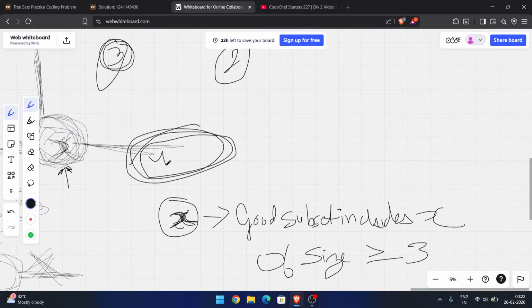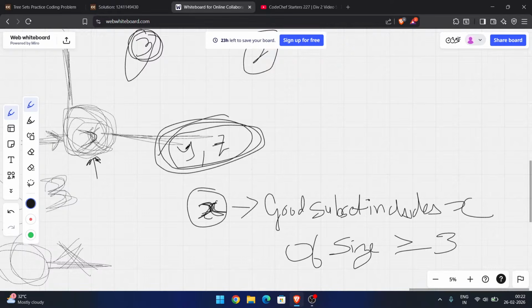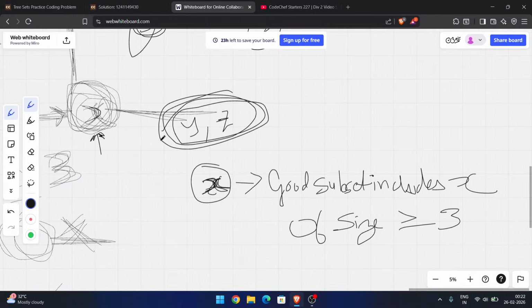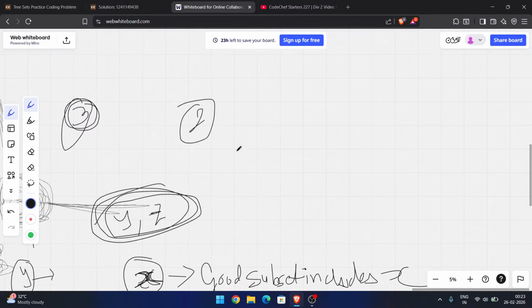Let's suppose there are two elements here. Can I pick two elements from a single branch? No. Why? Because then it would give me false for this, because now there is no common point between y and z. Let's say this was the case. What we are looking for is x.